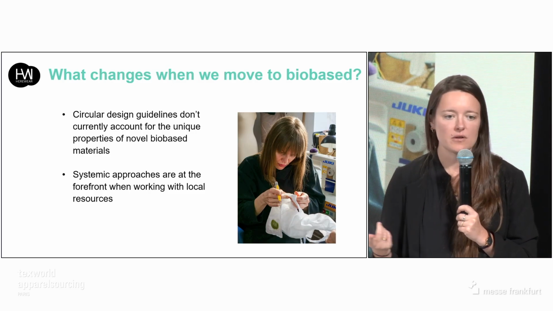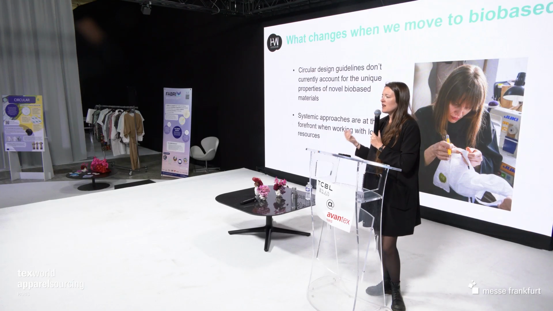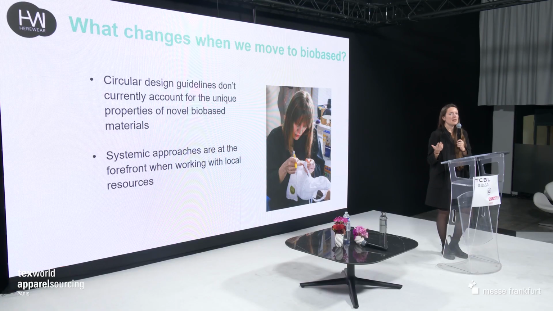But what we wanted to ask was, what changes if you've got these circular design guidelines, if you're looking at the ASOS or the Nike circular design guidelines as a way to guide your design process? Those design guidelines tend to be material agnostic and actually pretty much focused on polyester and cotton as the main representatives of our fiber mix. But we know that regenerated cellulose and garments made from man-made cellulosics, for example, don't react in quite the same way as more conventional fibers like your cotton and your polyester.